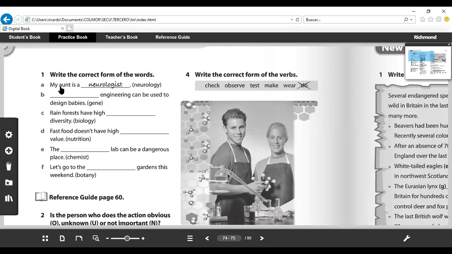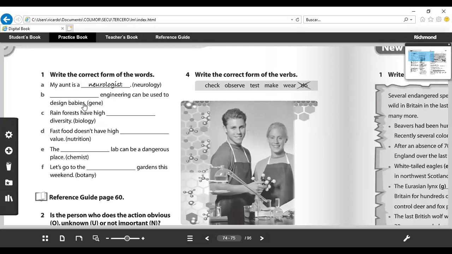Now, as you can see here, letter A, it says my aunt is a neurologist, okay? And we have to use the correct form of the word because we have it in here inside the parentheses.